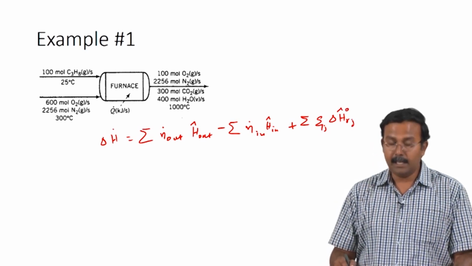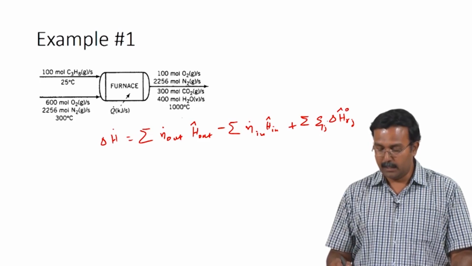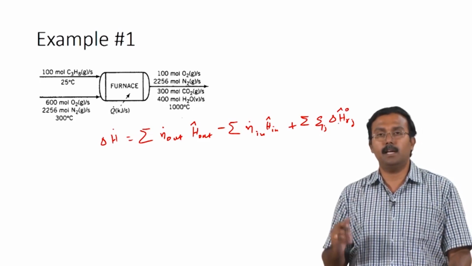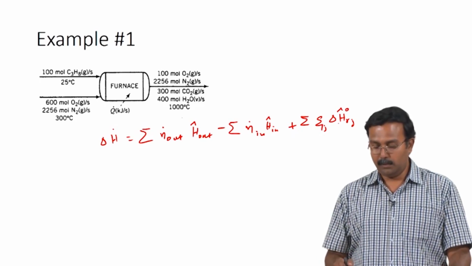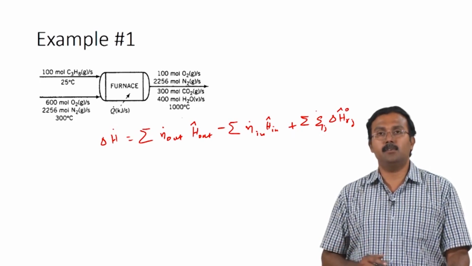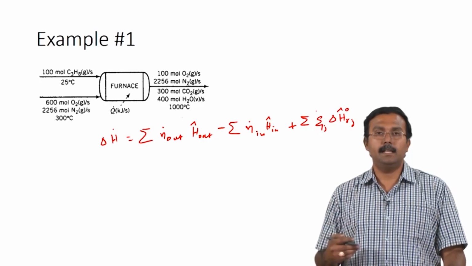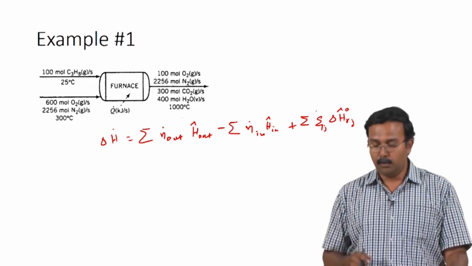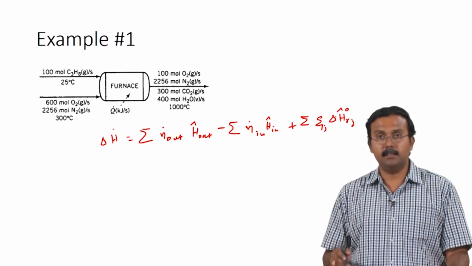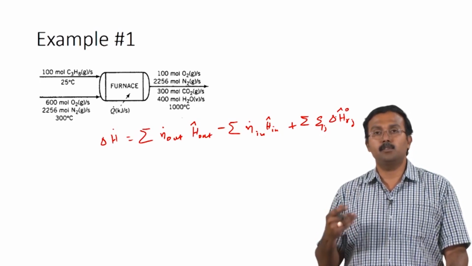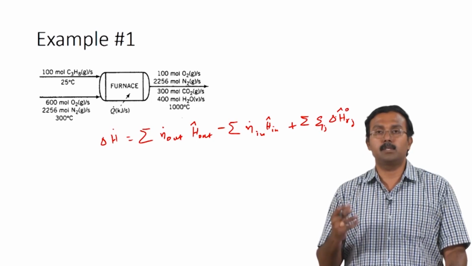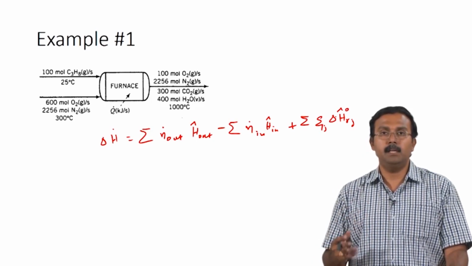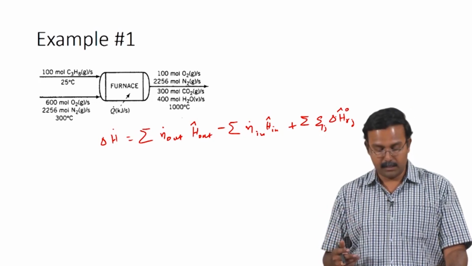This xi stands for the extent of reaction, and delta H_r is the heat of reaction for that particular reaction. Once we have the extents of reaction and the heats of reaction for the different equations, we can multiply the two to get the enthalpy change associated with that reaction. The summation of all these values gives the total change in enthalpy associated with the reactions.